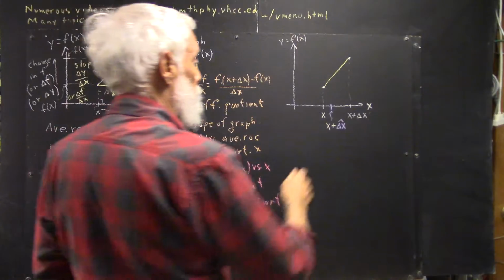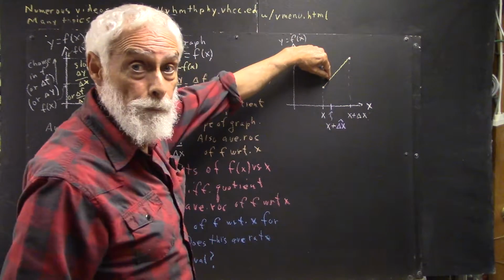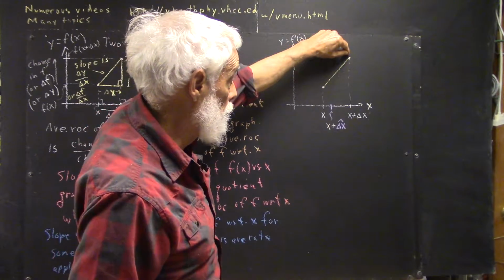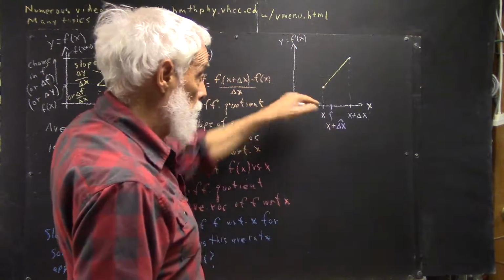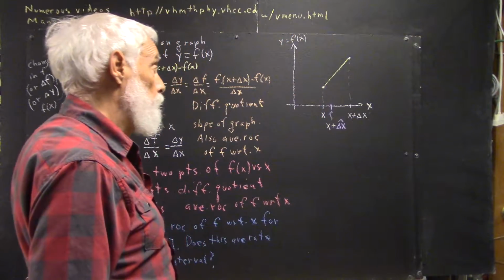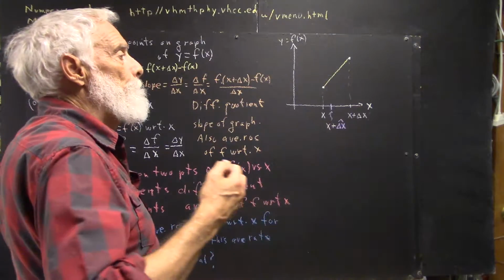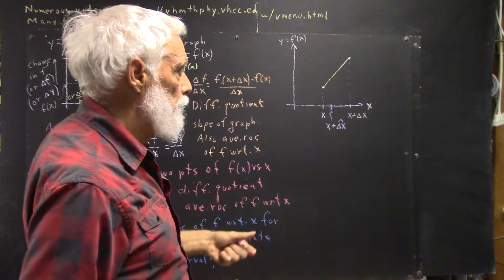Okay? Now this point might lie on the straight line that we use to connect these two points, the slope line from this point to this point. But it might lie above it, it might lie below it. So what does that do to our thinking about the average rate of change?